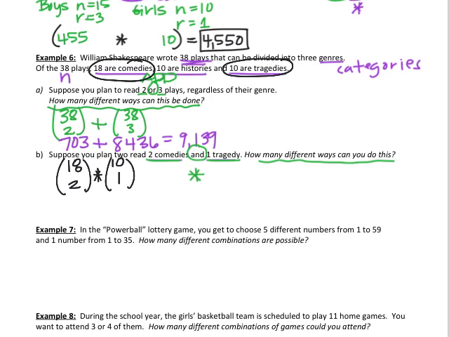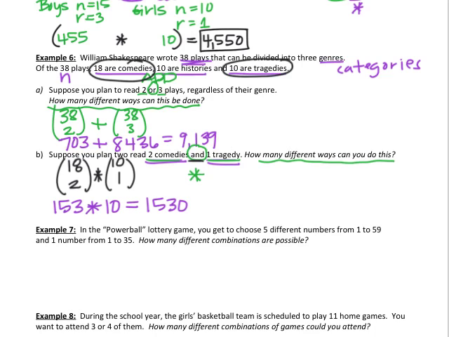Remember, we're going to multiply these together because we see the word and. For 18 choose 2, there are 153 combinations. And for 10 choose 1, there are 10 combinations, and so that means that we have 1,530 different ways that you could come up with 2 comedies and 1 tragedy.